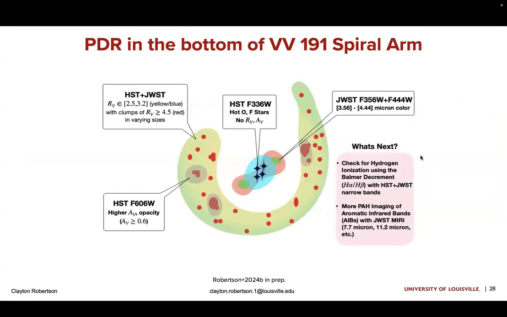I made a diagram that summarizes this, where we're using multiple different filters to analyze what this PDR is doing. In the middle, the HST 0.3 micron filter finds that while there's no dust in there, there is high 0.3 micron intensity, indicating the possibility of hot O and B stars residing in the middle.